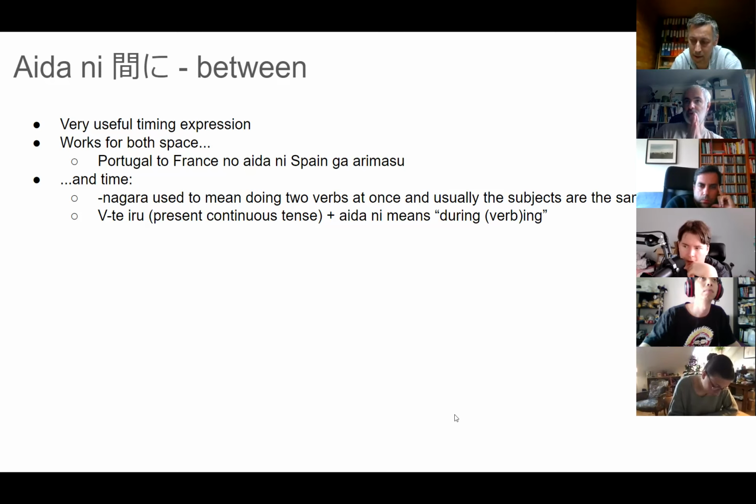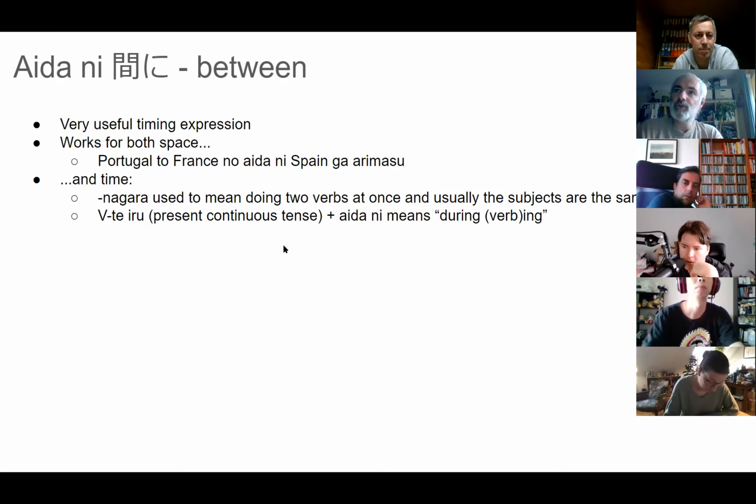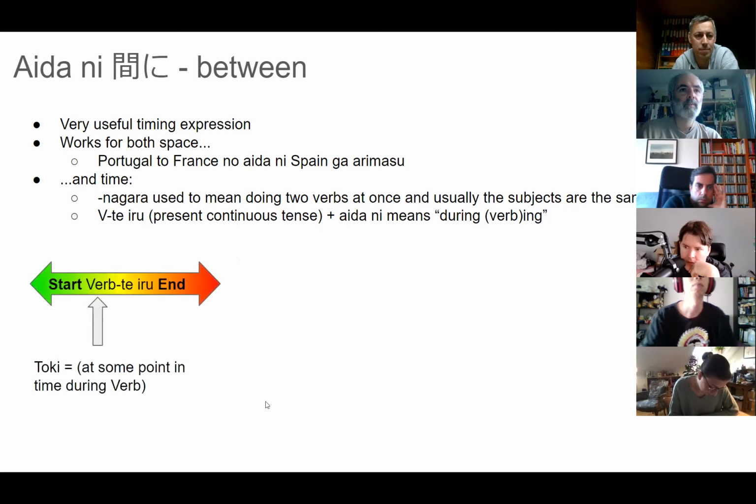So the thing that you do can be as long as this te iru aida ni, or it can be instantaneous. You're no longer linked to having to match the durations of the two things. Also, you can do something at the same time as something else happening. We don't have to have the subjects the same.